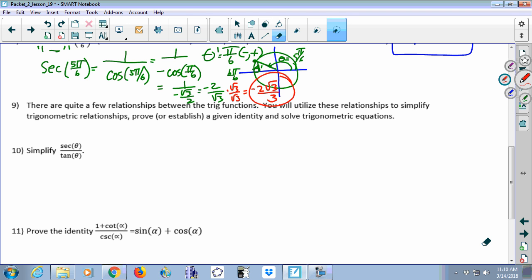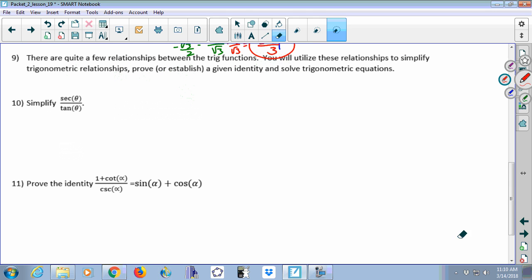And now you can start simplifying ratios like this based on your fundamental trig ratios. You can start doing something called prove an identity. Here's an identity. They're telling you it's an identity, and you have to prove that it's true. We'll talk about that. Sometimes we have to establish an identity.